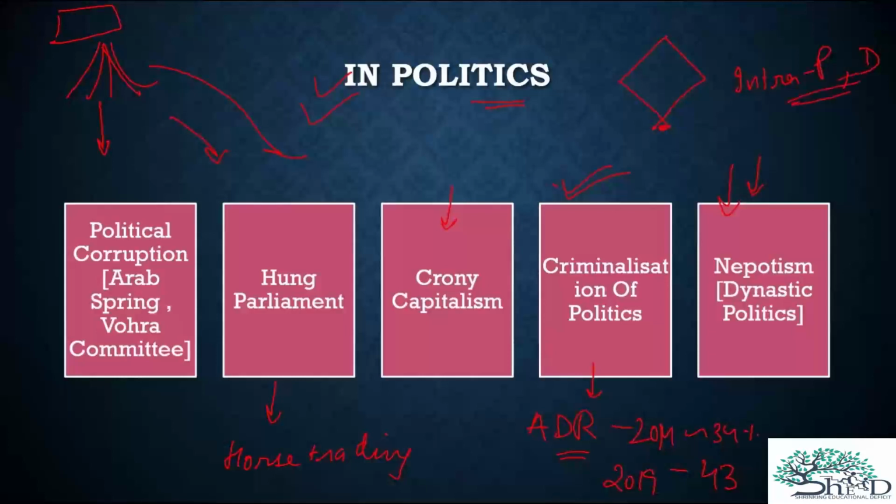Those people are expected to take democracy forward, but if they are not practicing it themselves, then you can imagine what kind of democracy they'll take forward. So a high command culture is going on. Okay, I hope this is clear. Let's move on to the next topic.